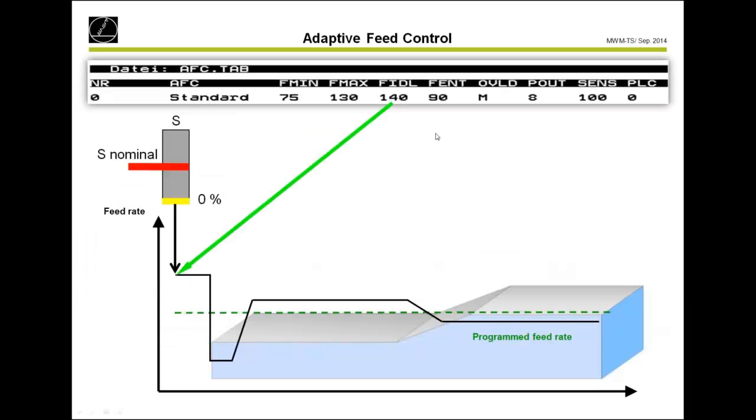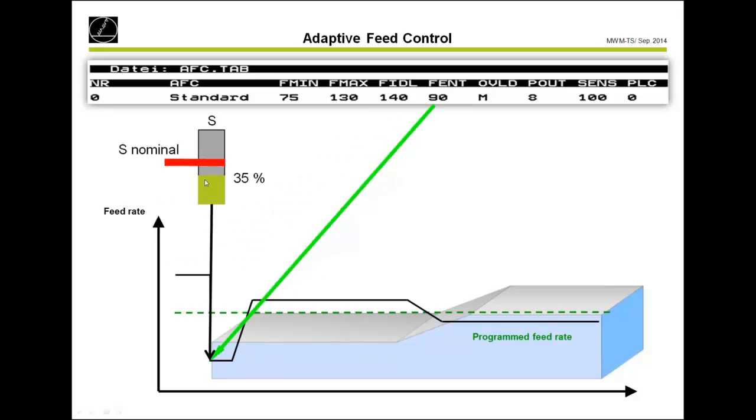Okay, so our example again, and what the control will do. You see we have here our spindle display. The spindle has at the moment no load, and the red line should be the normal spindle load, the learned spindle load.